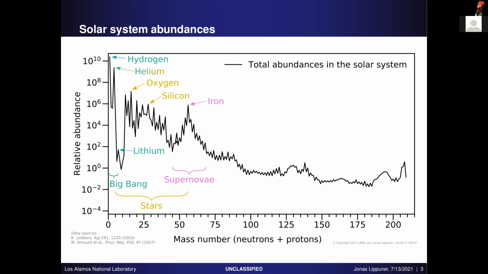And so this big iron peak that we see here is made in supernovae. But then, of course, the question is, what about all the other heavier elements? If fusion cannot go past iron, how do we make all of these heavier things? We need a different process to make those, and that's neutron capture. That comes in 2 flavors, and I'm going to go through those now briefly.